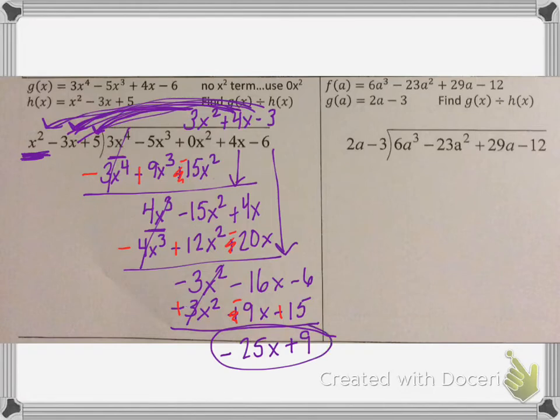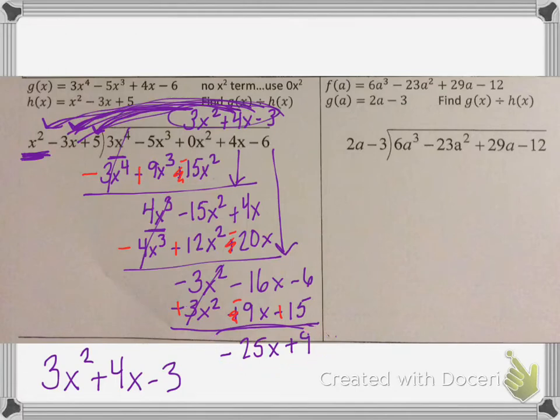So how am I going to write my answer? Well, I know that my answer is going to start off as 3x squared plus 4x minus 3. I got that from up here. And then the remainder, whenever you have a remainder that is multiple terms, a polynomial, what I want you to do is put a plus, and then write that remainder over your original part of the problem.